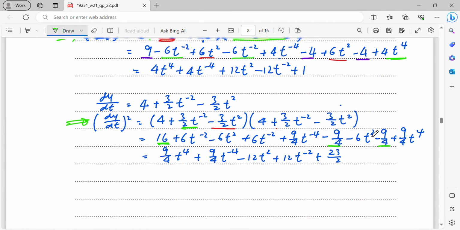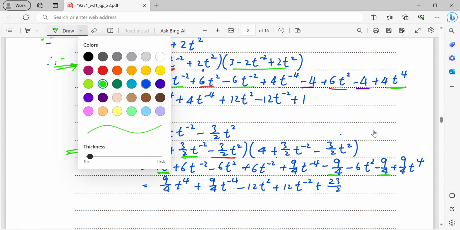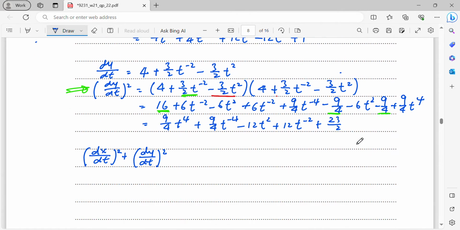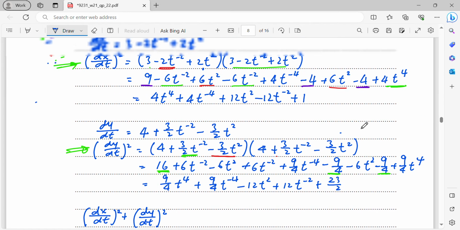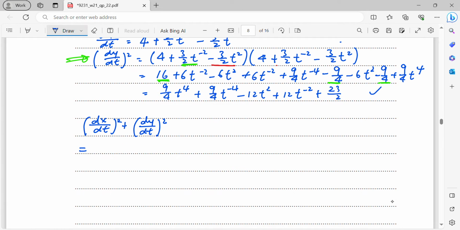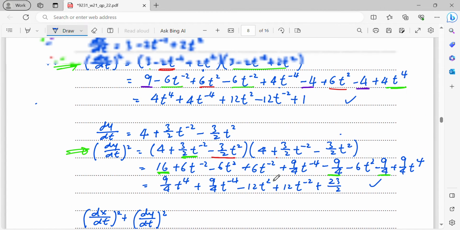Okay, so now I add up these two expressions. So when I add up, I will just copy all these terms, right? So I get all these terms from the dx dt squared.